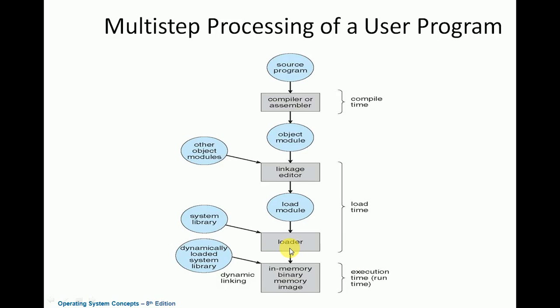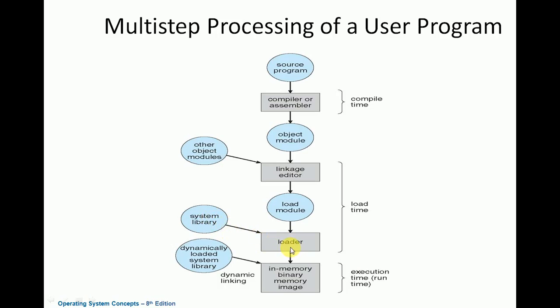We know that in a program we make use of different libraries. For example, in a C program we make use of the stdio.h library, which provides functions like printf and scanf. So before the program is executed, the code that we got out of the linker should be linked with the system library.